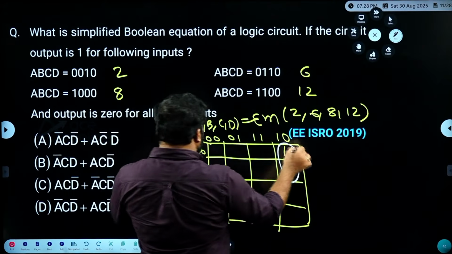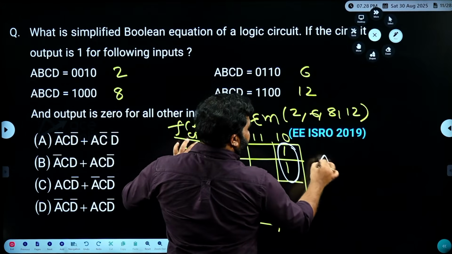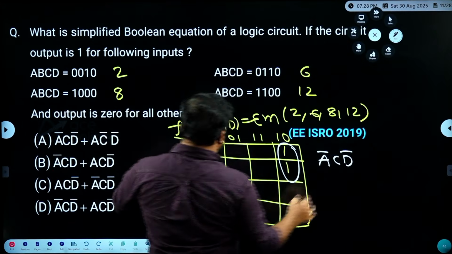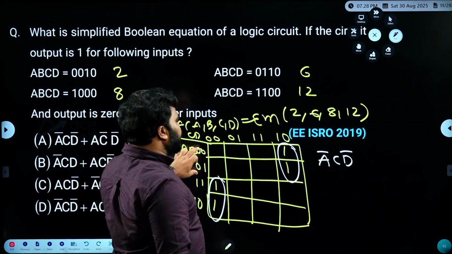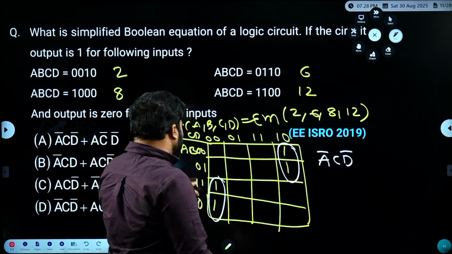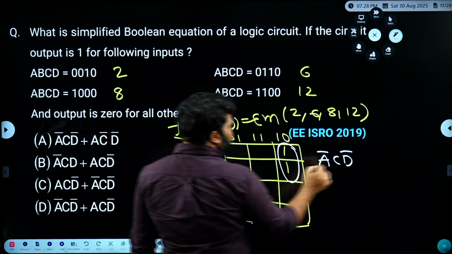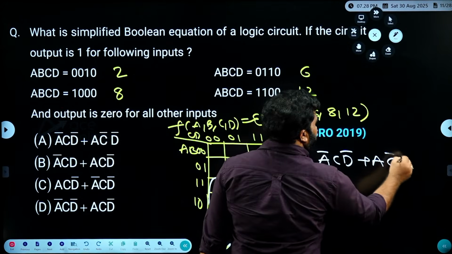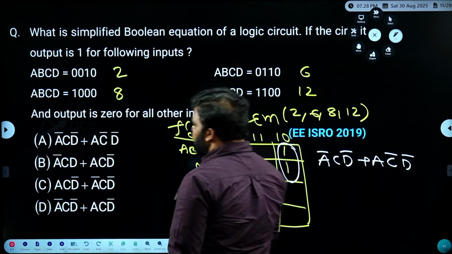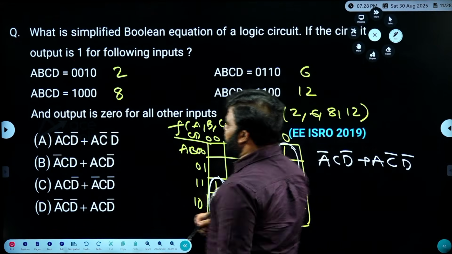This results in A bar, C, D bar. Here A equal to 0 is not changing, C, D are not changing, A bar, C, D bar. Another one is A equals 1 and C, D equal 0, 0 are not changing, plus A, C bar, D bar. So, A bar, C, D bar logical OR with A, C bar, D bar.